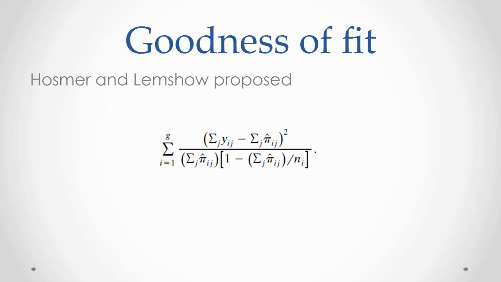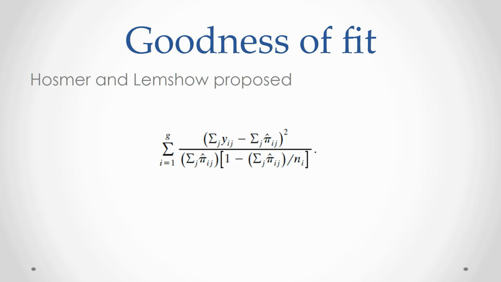An alternative measure of goodness of fit has been proposed by Hosmer and Lemeshow. Hosmer and Lemeshow proposed a Pearson statistic which compares the observed and the fitted counts for a partition. Let Yij denote the binary outcome for observation j in group i of a partition of the data based on covariate values, i equal to 1 to g, say, and j equal to 1 to ni.